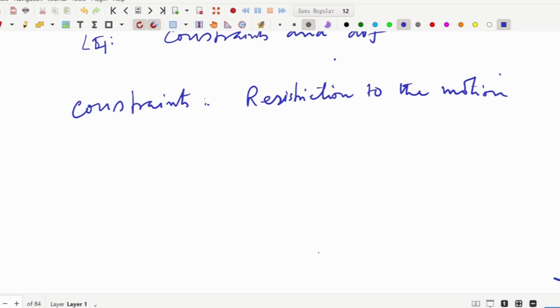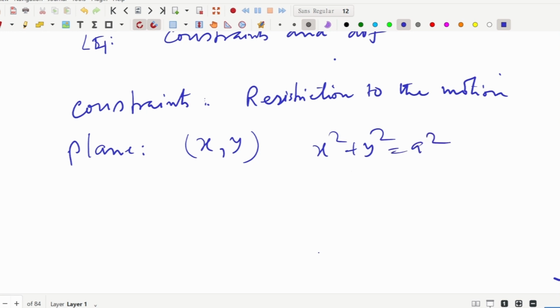So for example, I said the particle moves in a plane. A plane is two-dimensional and can be described by two coordinates x and y. But if we put an additional condition that the particle moves on a circle, this is the constraint equation.